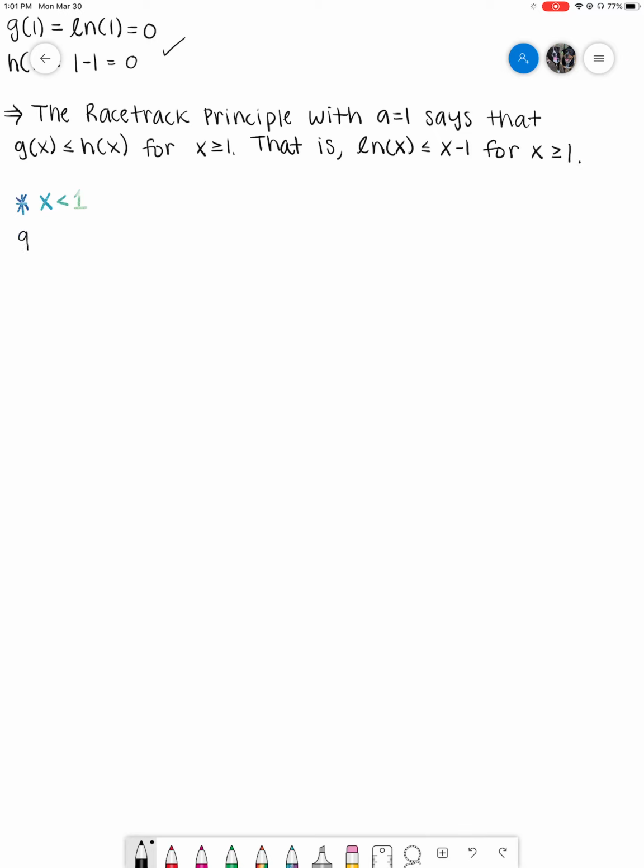So now g of x is x minus 1, and h of x is ln of x. So g prime of x, that's 1, and h prime of x is 1 over x.